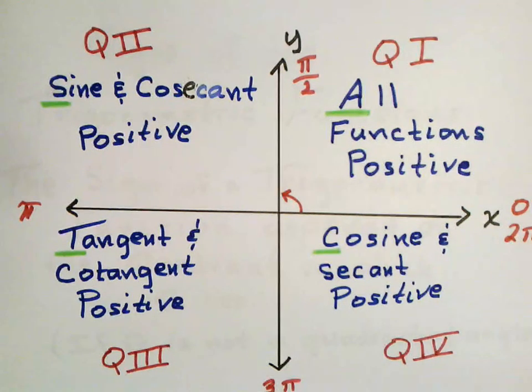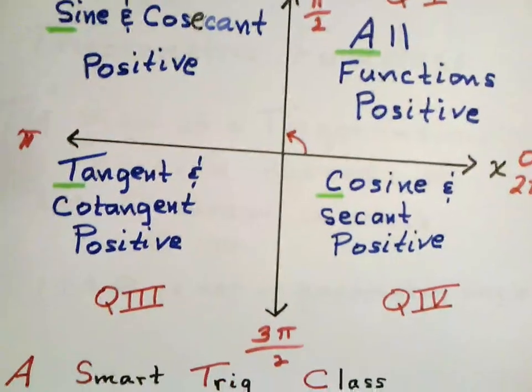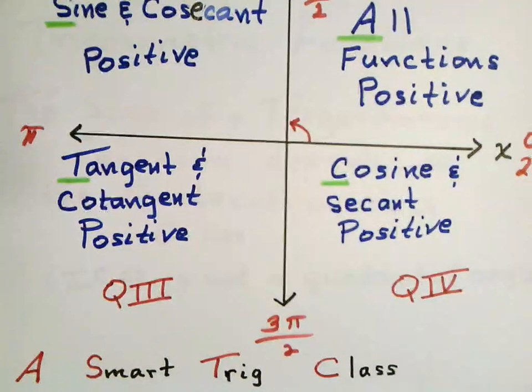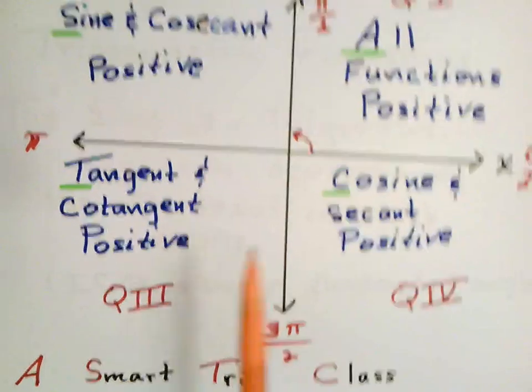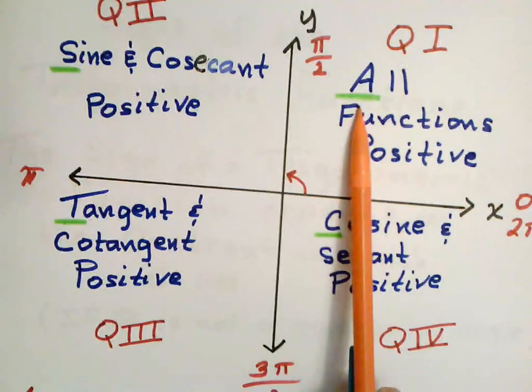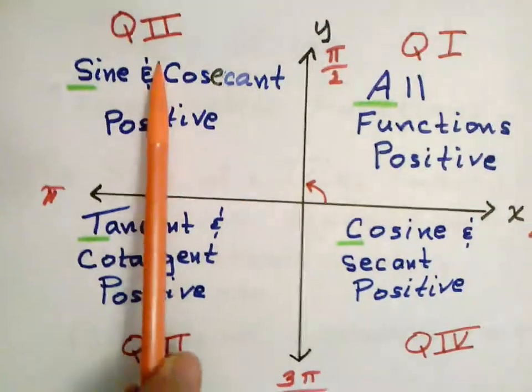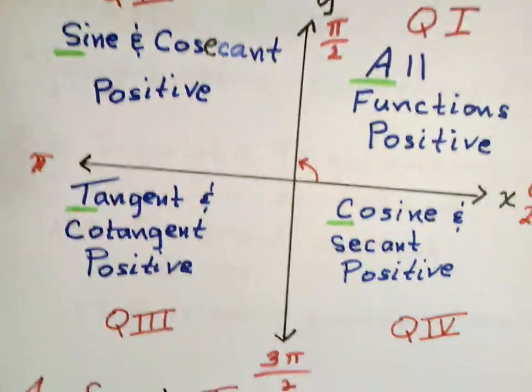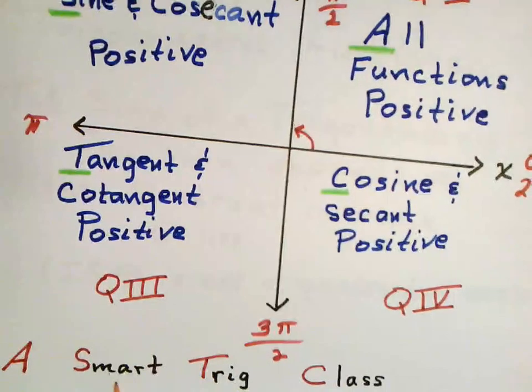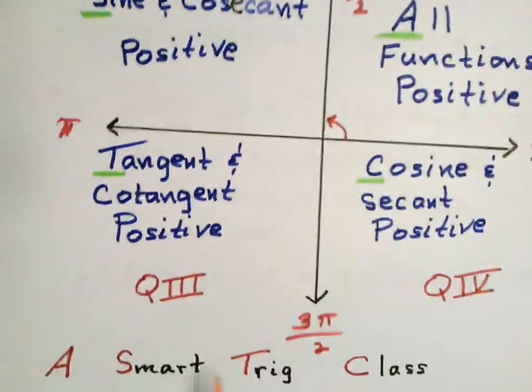So we have here a little saying that will help us remember this. A smart trig class. All of the functions are positive in quadrant 1. In quadrant 2, just sine and its reciprocal function, cosecant, smart. T stands for tangent.